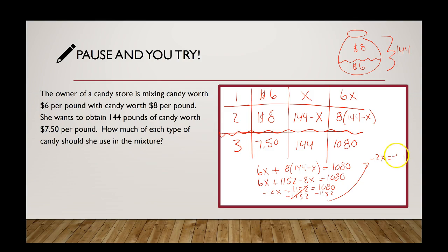That's negative 72. Divide by the negative 2, and you should have gotten 36. So that means you would do 36 pounds of the $6 candy. You would do 144 minus that 36, and you would do 108 of the other.